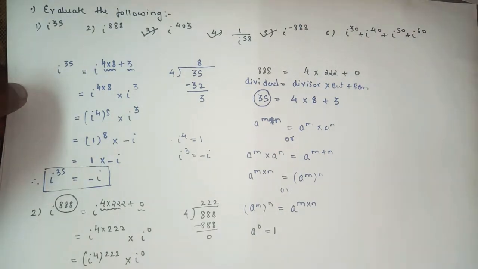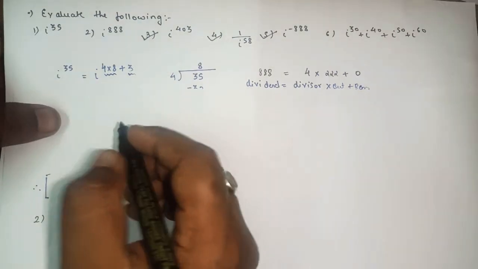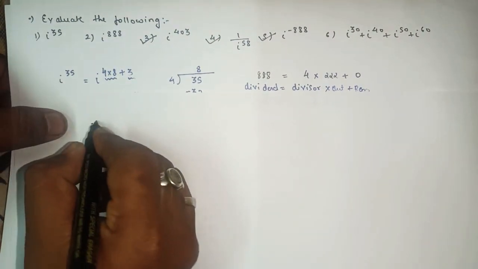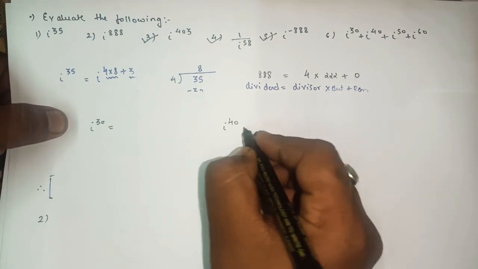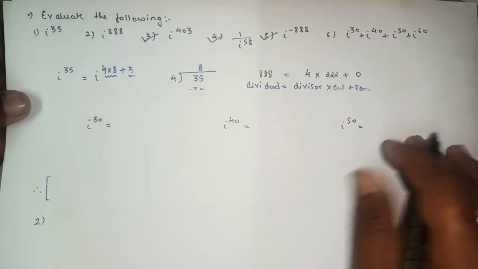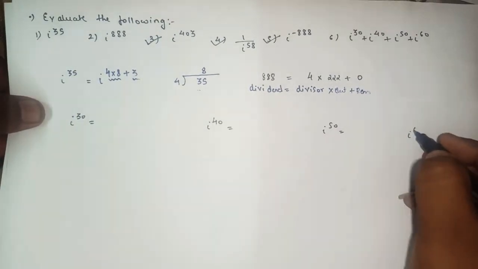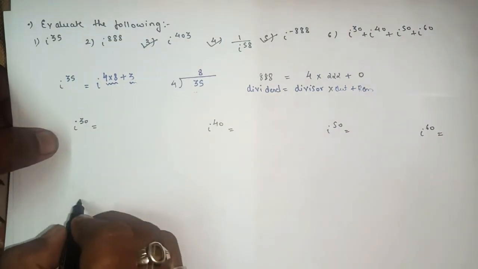The one simplest method is what? Find i30 separately, i40 separately, i50 and then i60.